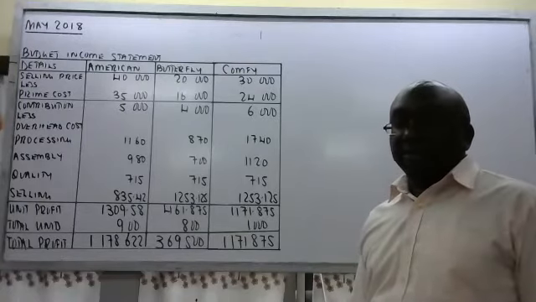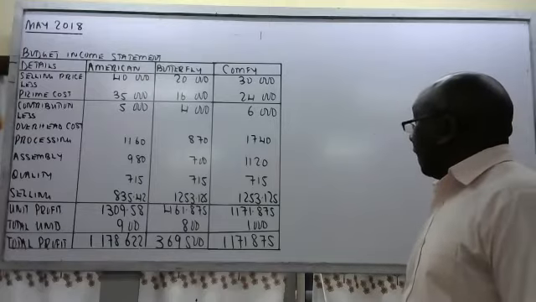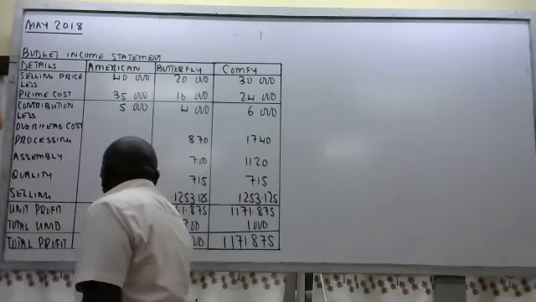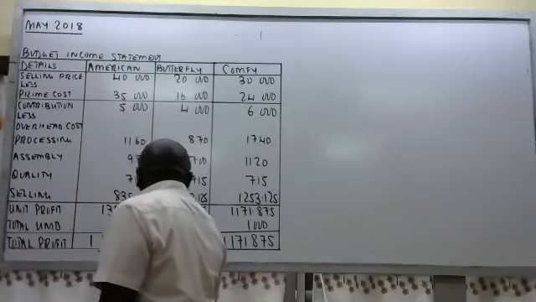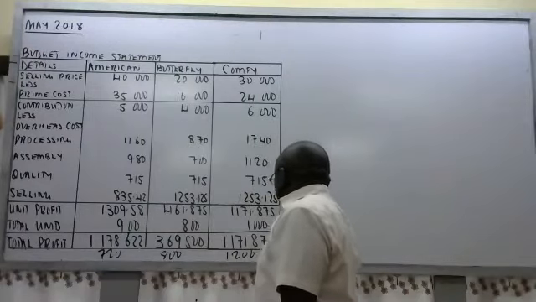Maybe because I can remember, this one had a profit of 720, this one had a profit of 800, and I think this one had a profit of 1,200, something like that.